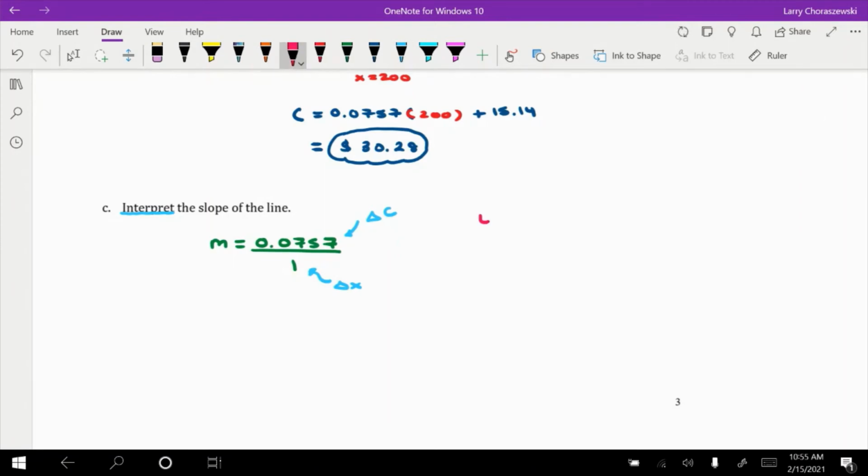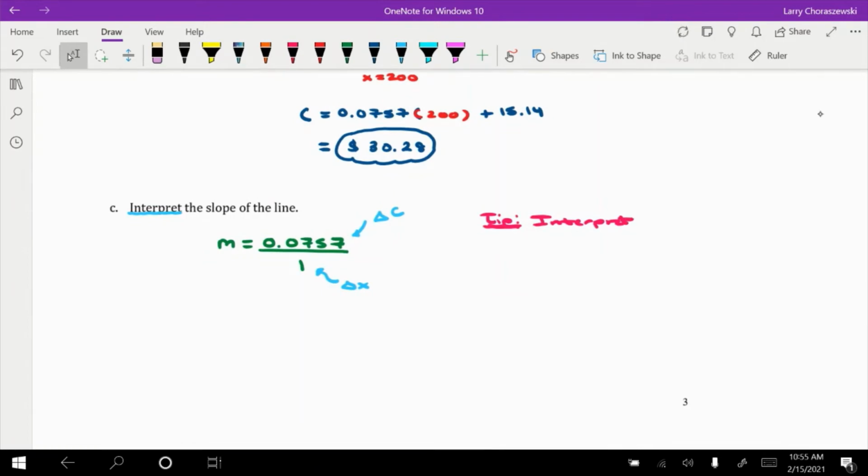And as a tip, we're going to interpret from bottom to top.